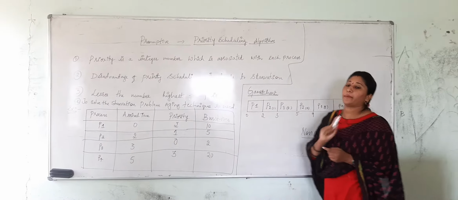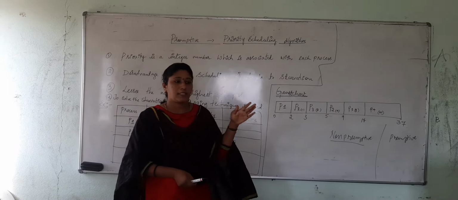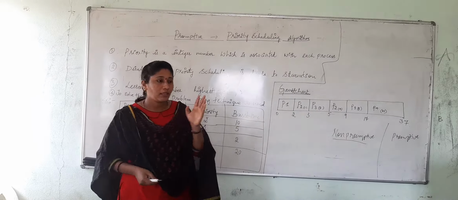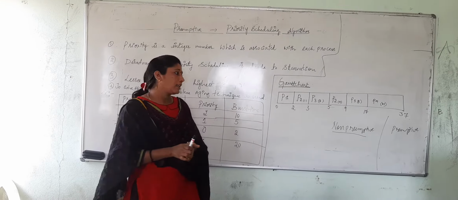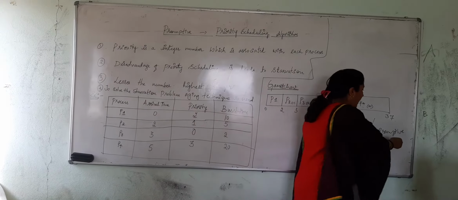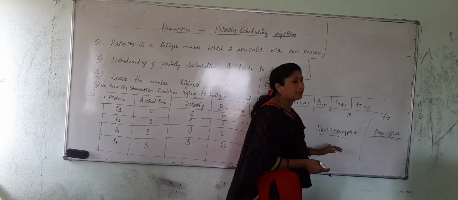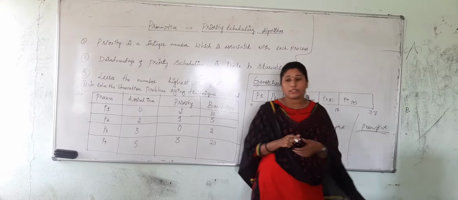Whereas in case of preemptive, there is an interference, a disturbance in the process, therefore we apply the context switch, that is changing from one process to another process. That is what preemption adds. So that is the main difference. And here we will not have an arrival time, whereas in case of preemptive, the arrival time is considered.